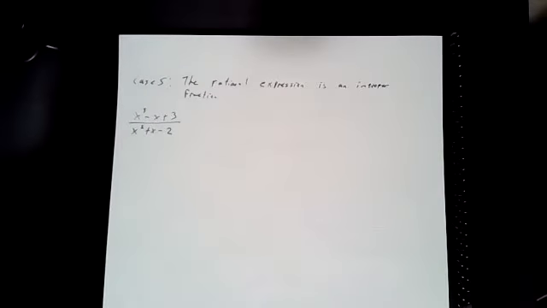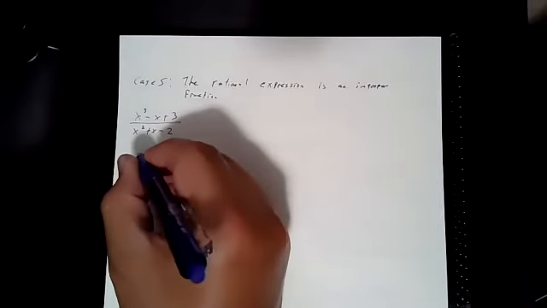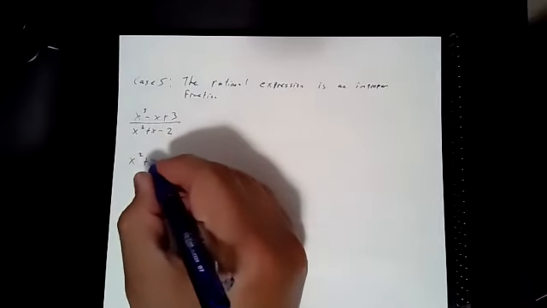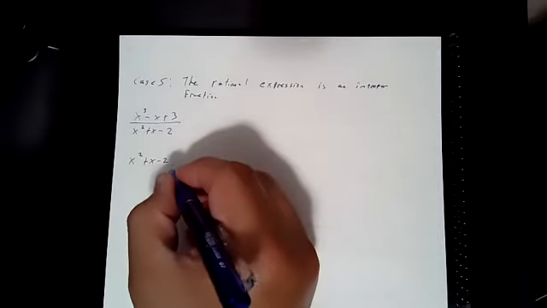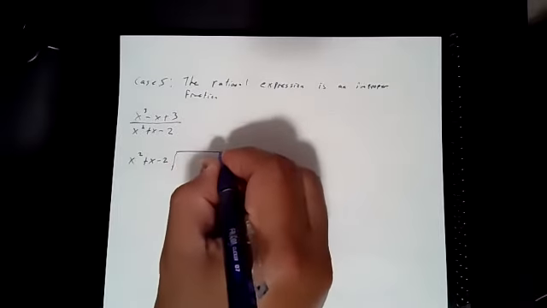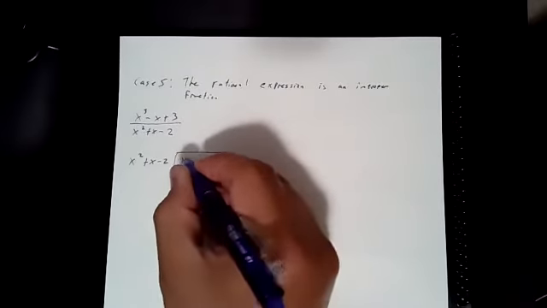It's 3 and 2. So when this happens, you can't use cases 1 through 4, you have to do division. So what you've got to do is divide into this.